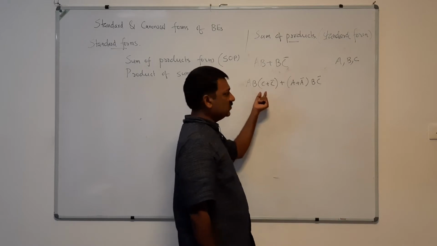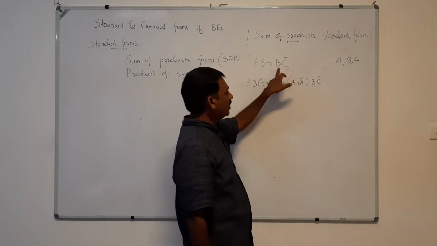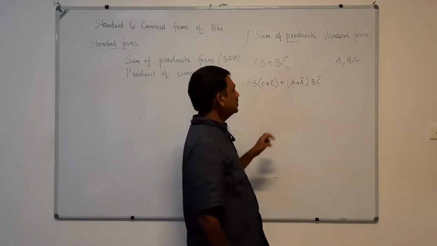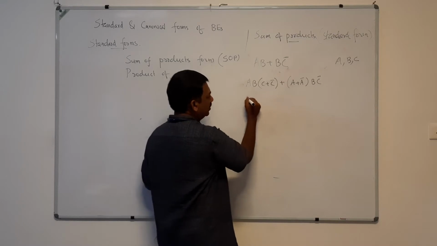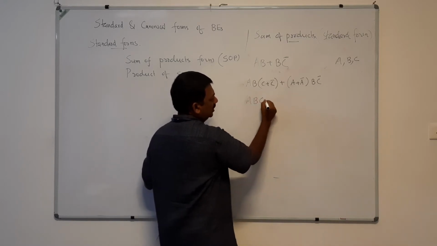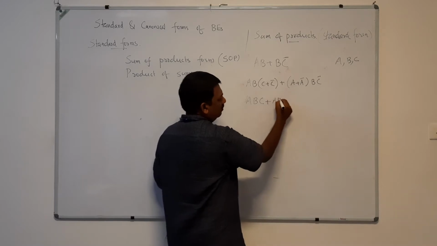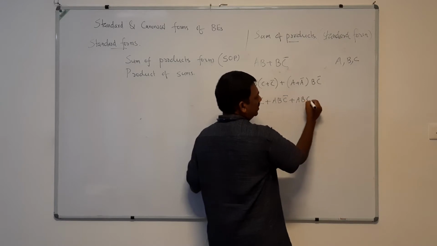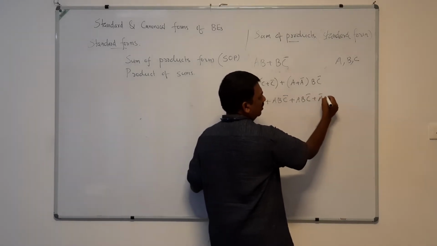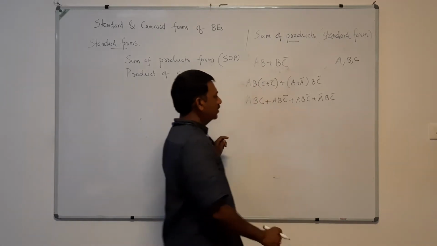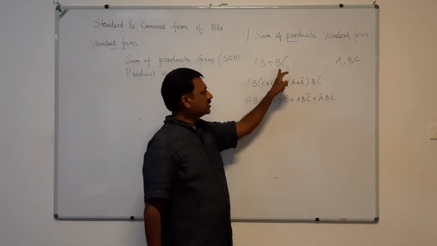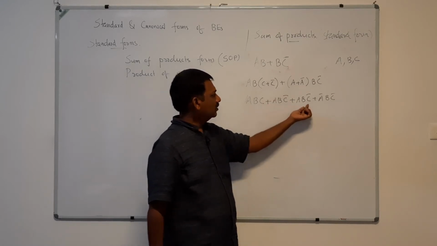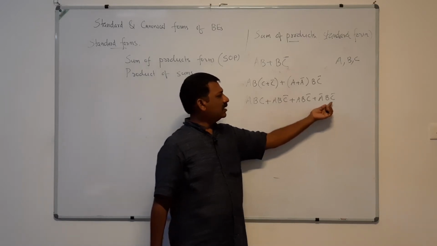That means AB into 1 is AB. Now that becomes ABC plus ABC bar plus A B C bar plus A bar B C bar.